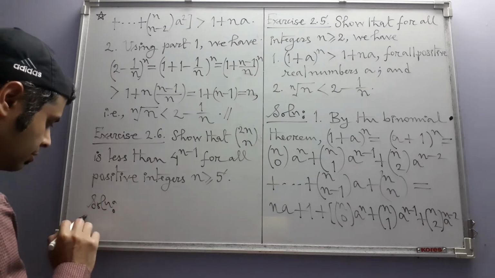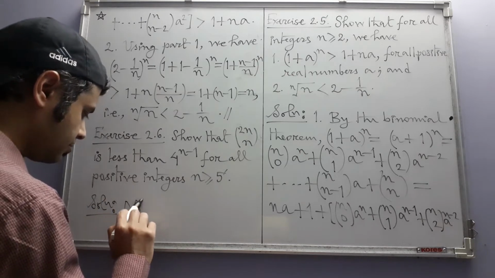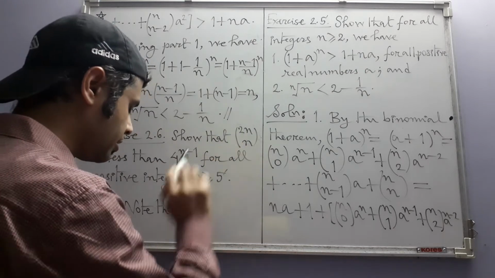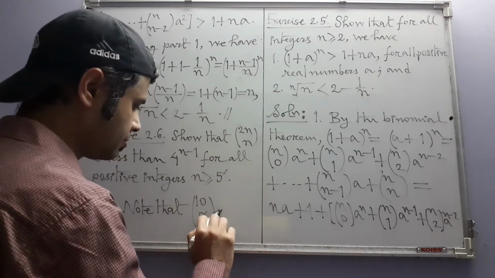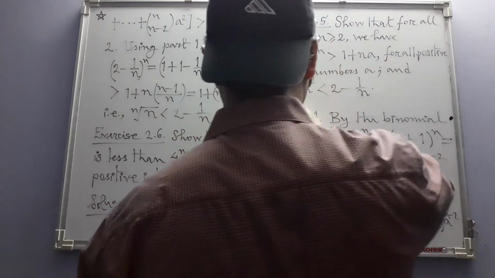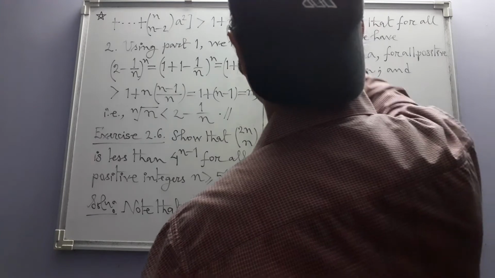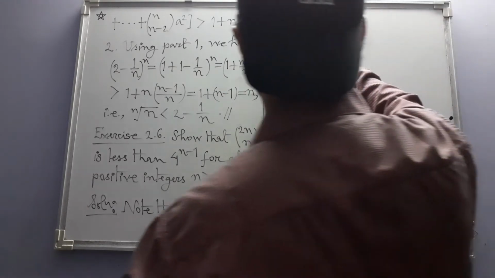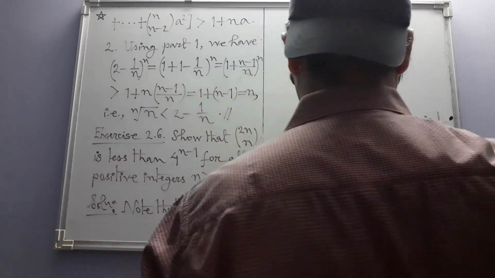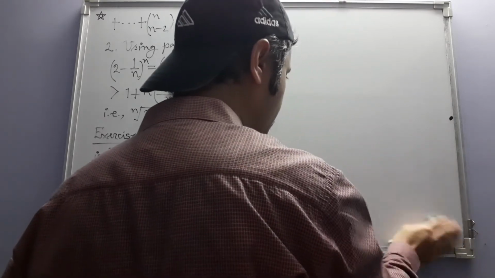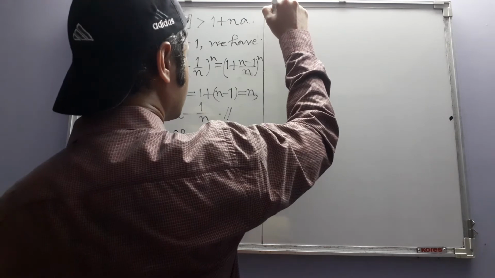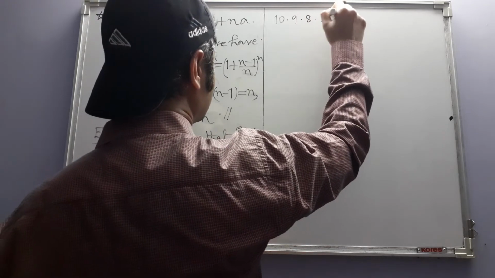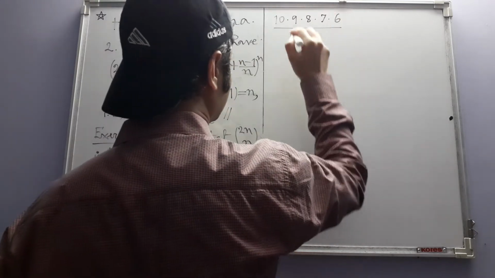Now for this we will use induction. Note that when we put n equal to 5, here the binomial coefficient is 10 choose 5, which is equal to 10 times 9 times 8 times 7 times 6 divided by 5 factorial.